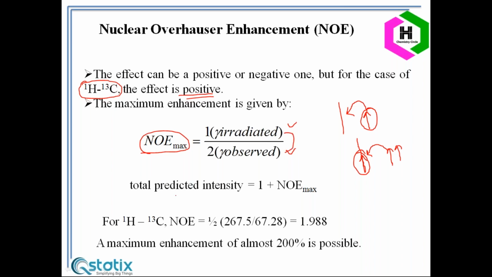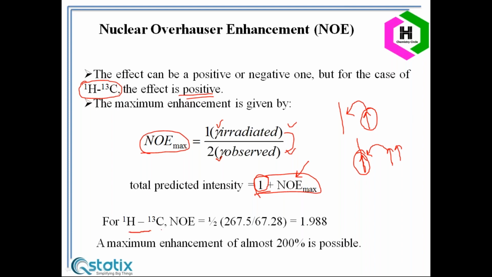The total predicted intensity is 1 plus NOE max, where you use the gamma value for the irradiated protons and the gamma value for the observed nuclei. You substitute here and get the NOE maximum, and the total intensity is 1 plus NOE maximum. The 1 represents the intensity of the bare carbon, and this NOE max is additional to the bare carbon.